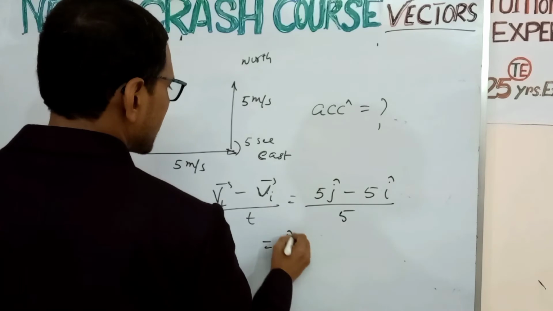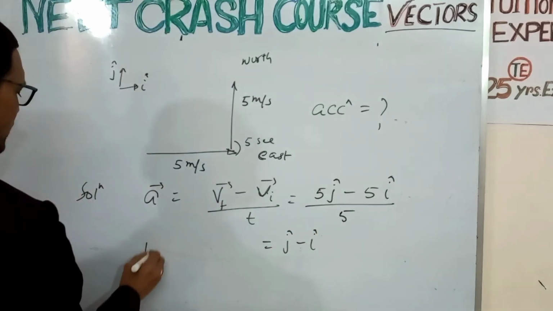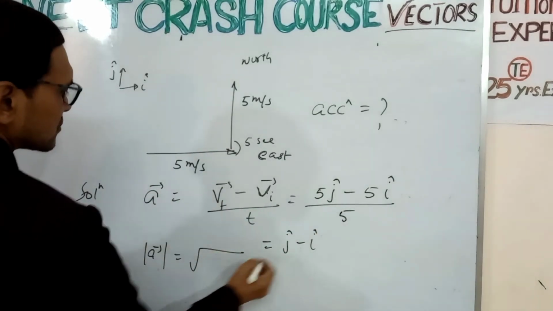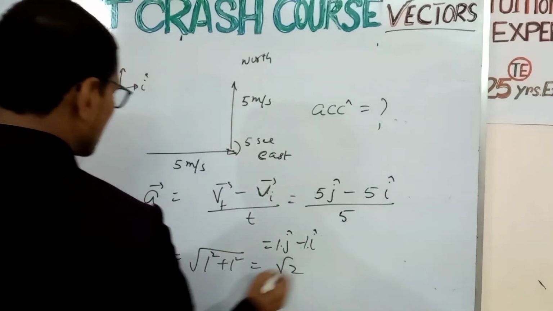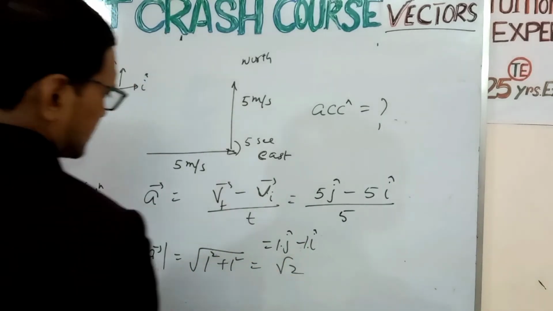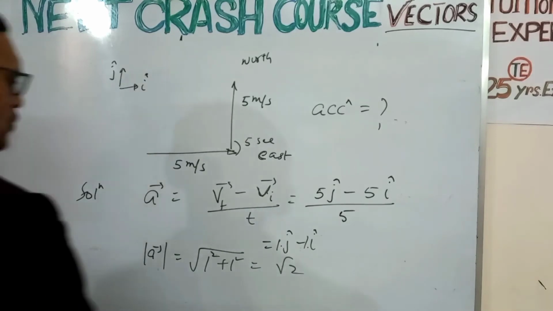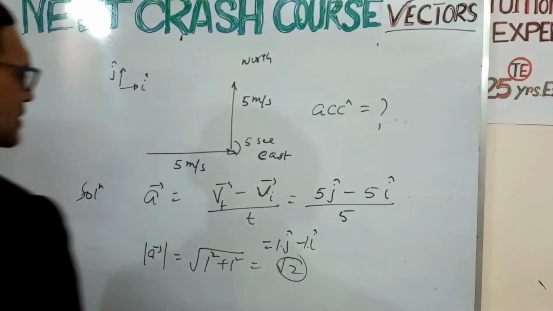So this is equal to j minus i. Now the magnitude of a equals root over 1 square plus 1 square, that is root 2. So the value is root 2.